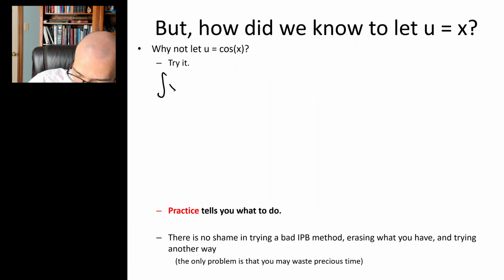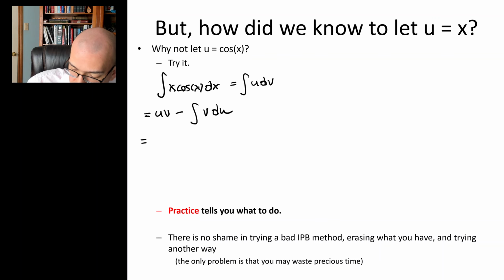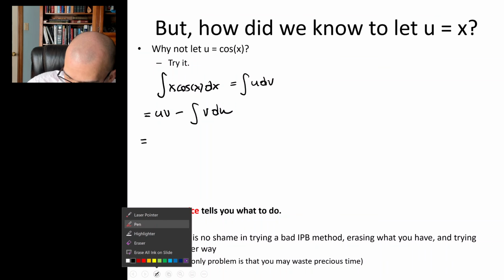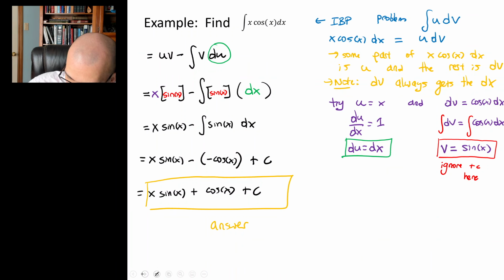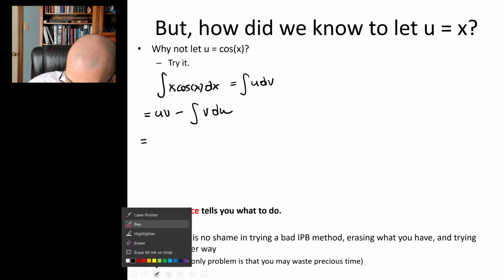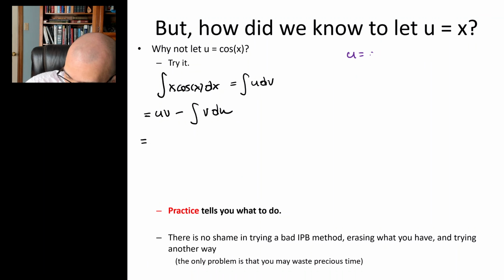We have integral of x cos of x dx is equal to integral of u dv. And integration by parts says that's equal to uv minus the integral of v du. Now, if we use the split that was just proposed, u equals cosine of x, then dv must be everything else.